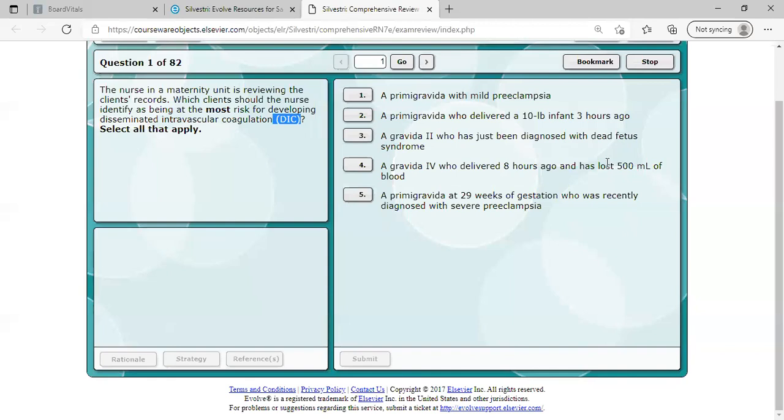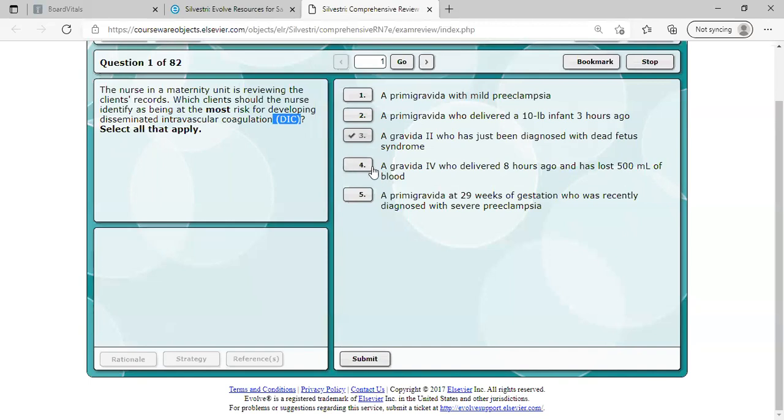So there is an underlying cause for the formation of clots in the microcirculation, and this is the dead fetus. This is the risk factor. We choose it.